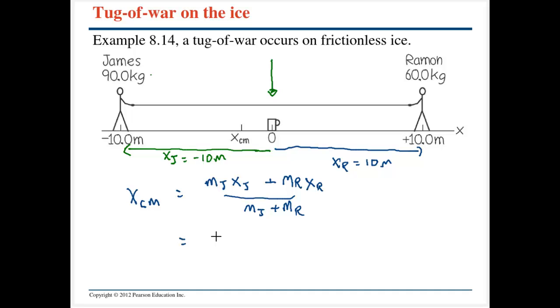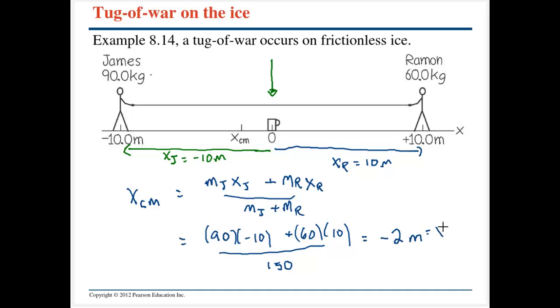So this is going to be 90 kilograms multiplied by negative 10, plus Raymond's 60 kilograms at his position of 10 meters, and then the mass of the system, which is going to be 150 kilograms. And I'm going to come up with the center of mass equal to -2 meters, the position of the center of mass.